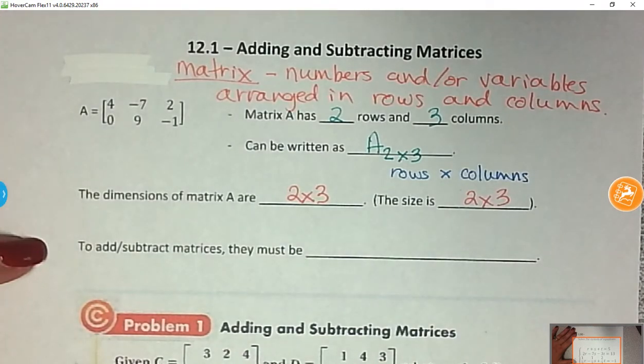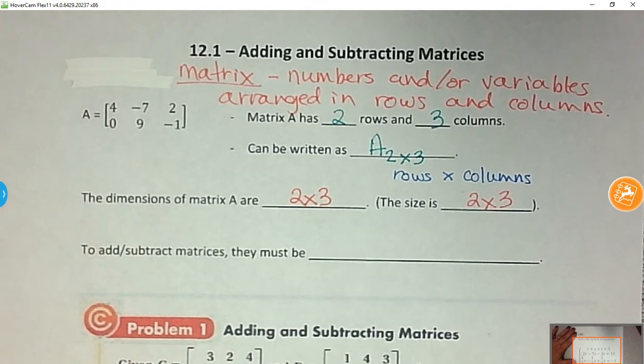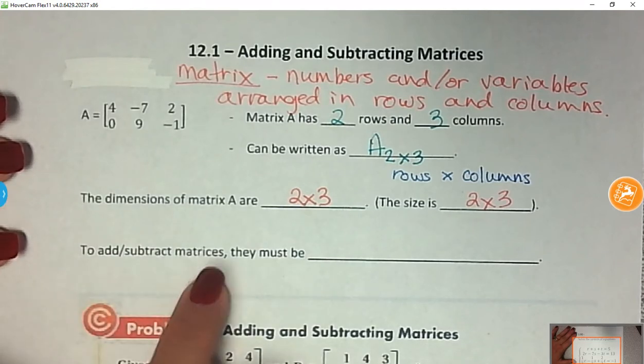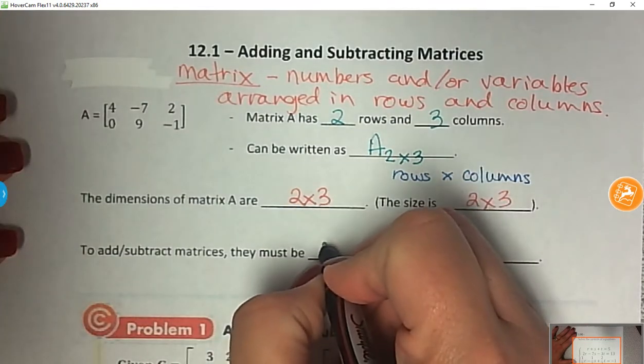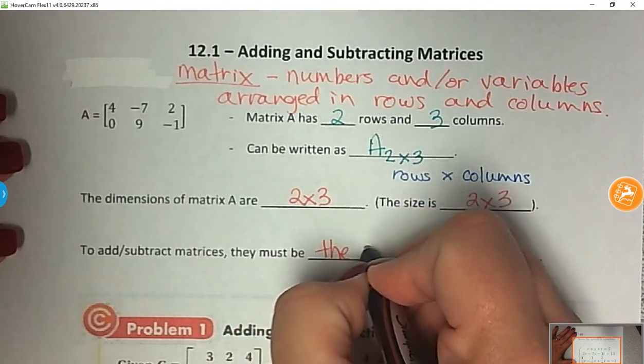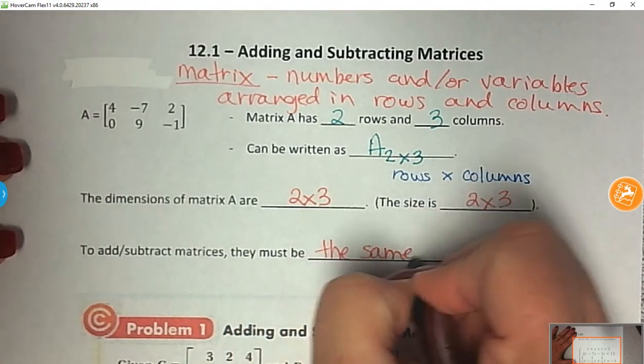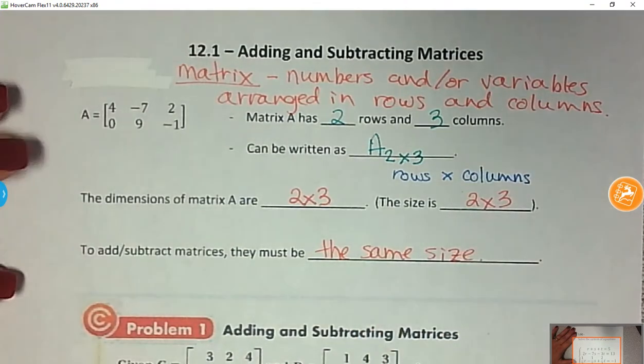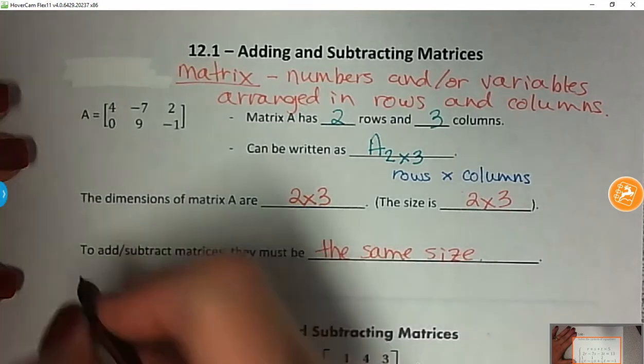So what we're going to take a look at is how to add and subtract matrices. The very first thing you need to know about adding and subtracting matrices is they must be the same size. Okay, and all you're going to do is just add and subtract the corresponding elements.